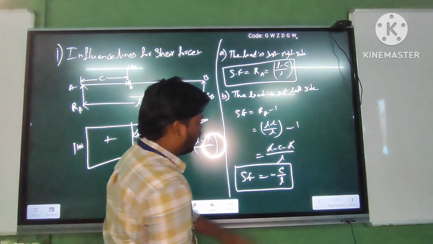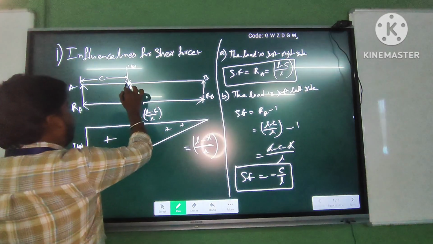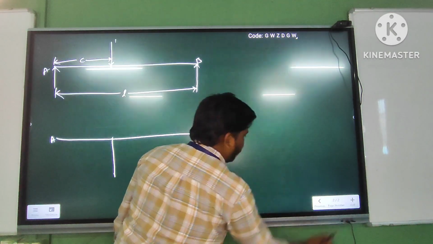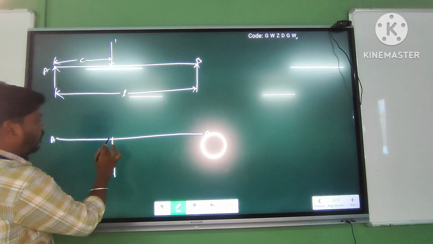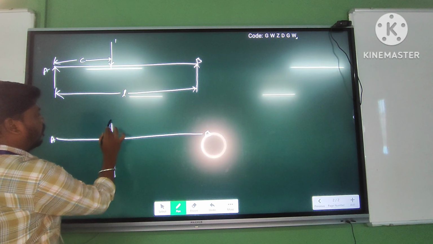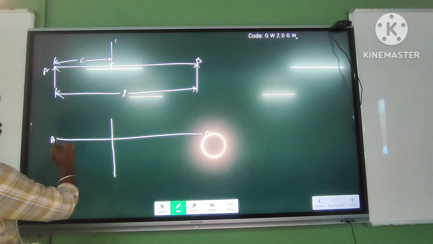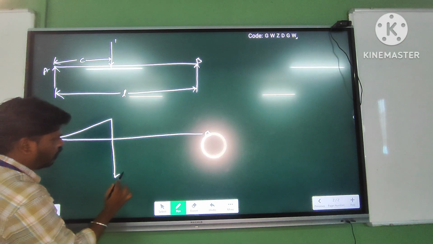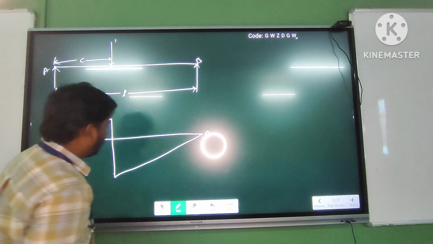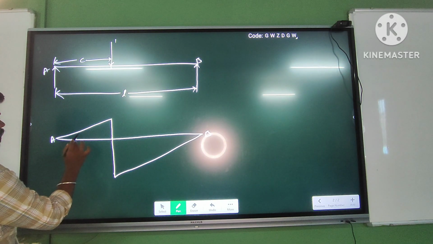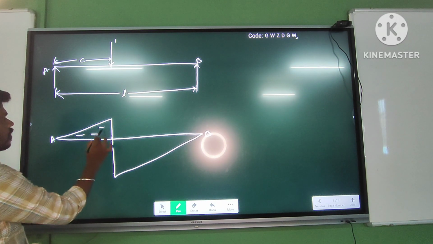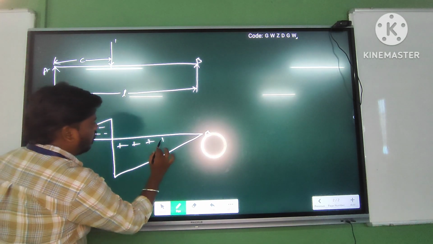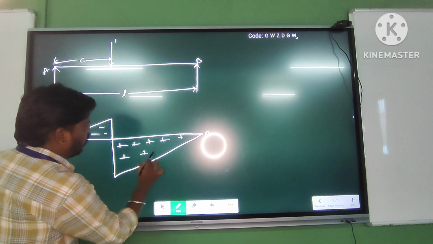Next, at left of the section, SF is equal to minus C by L. That means we need to show minus C by L at the top of the beam, and then join this point to this point and this point to this one. This is the negative zone and this is the positive zone.